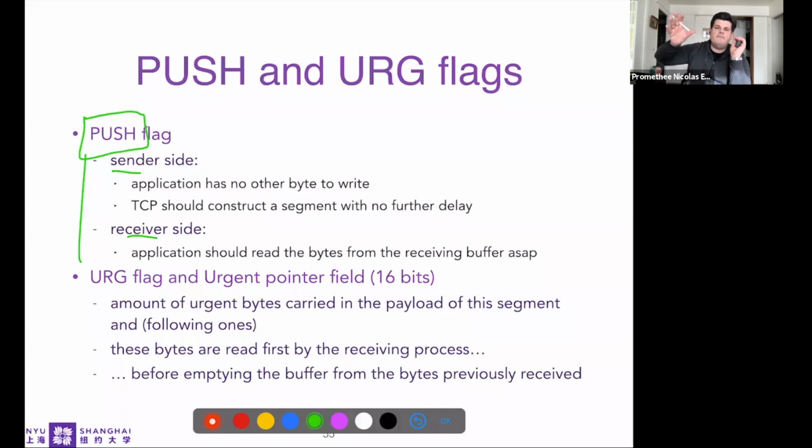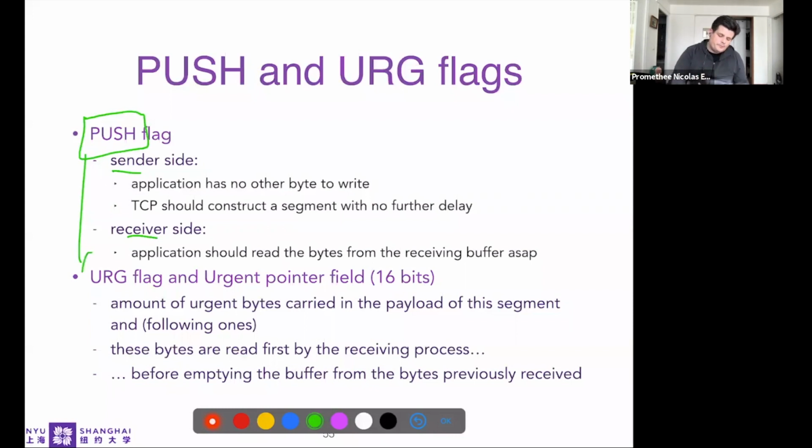If the application has been designed to take into account the push notified by TCP, it may go read pretty fast the bytes that are already available. This is good for some interactive applications that need to receive bytes as soon as possible. So the push may be useful to make things go a little faster, but this is not a requirement. It doesn't have to, it should.